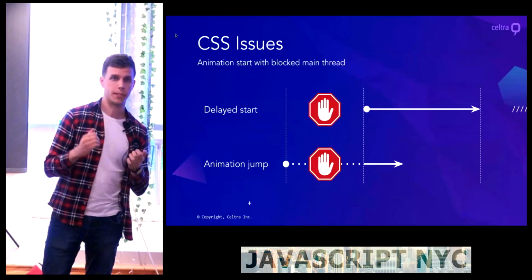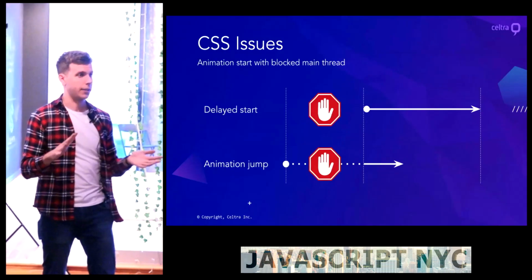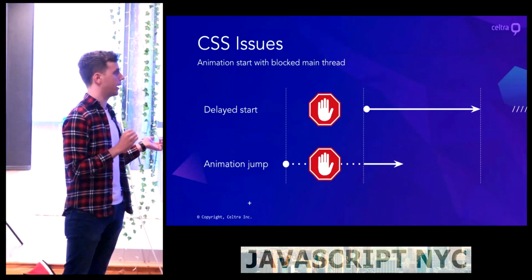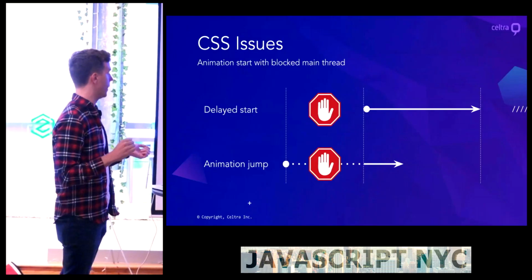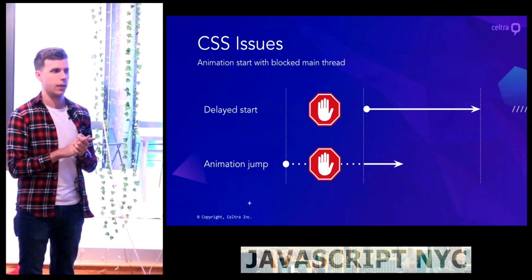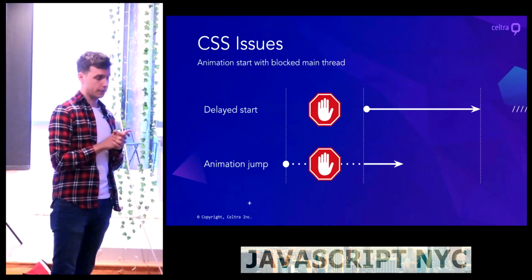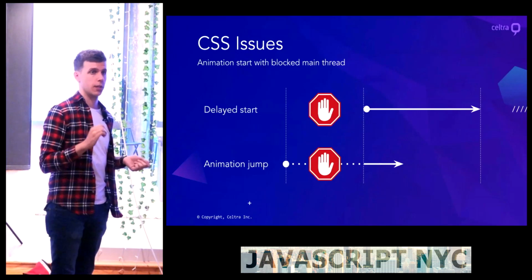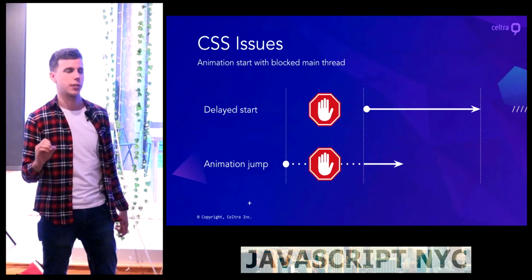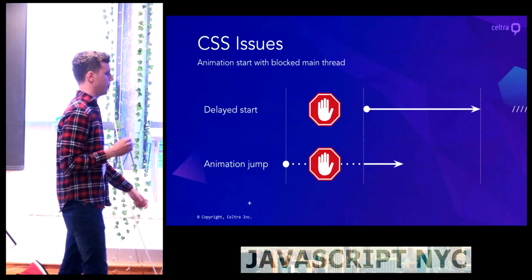If we used CSS keyframes animation, we wouldn't know anything about this because there is no way to get the progress of a currently playing keyframe animation. So if we got a delayed start or animation jump, we wouldn't know anything about it in our code. If we instead used Web Animations API, this would solve the issue because we can always query the current time of the playing animation, and we would know if we got the delayed start or animation jump, okay?